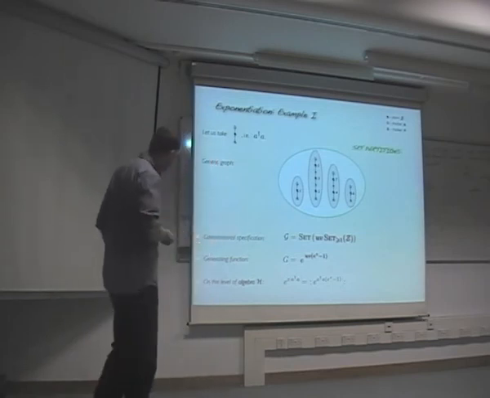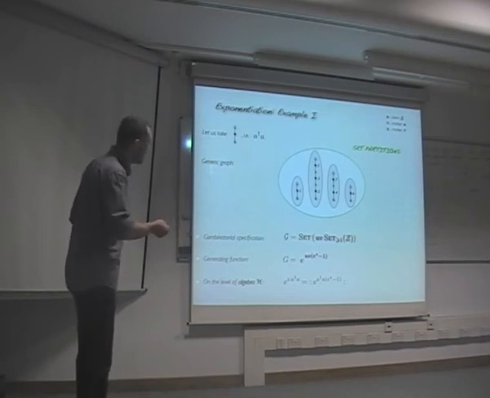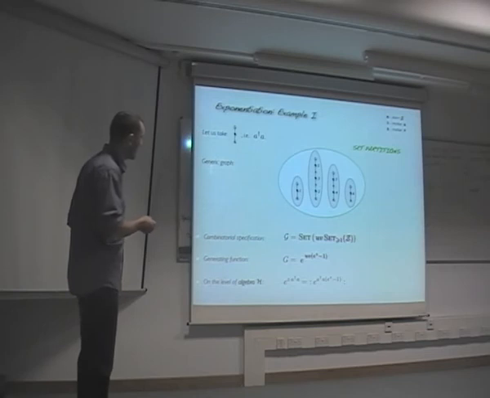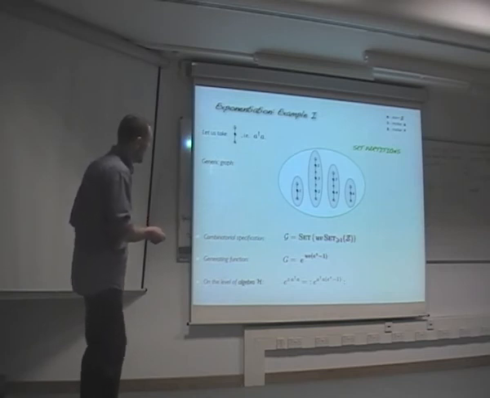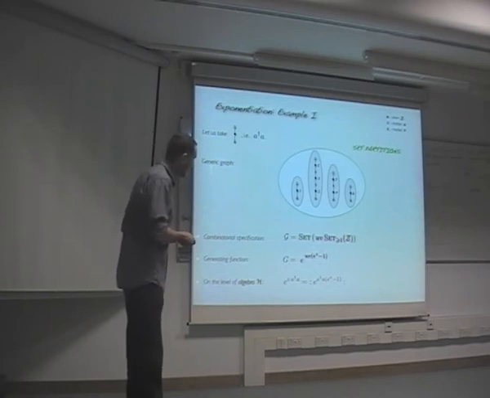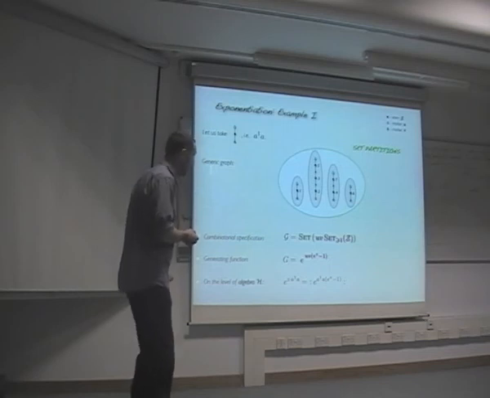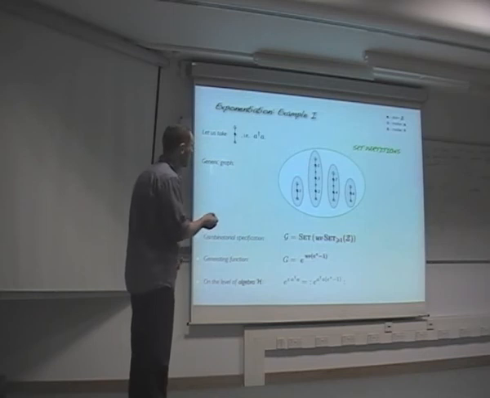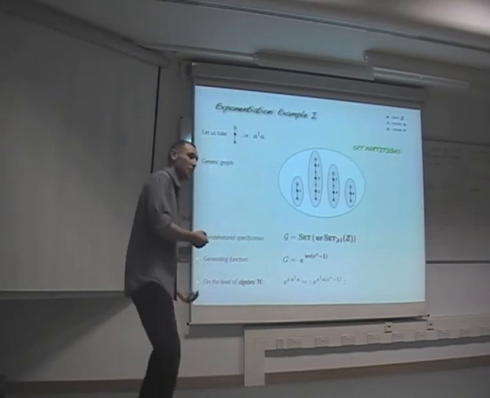And the combinatorial specification of a generic graph would be as follows. This is a set of non-empty sets, and all these inner sets are additionally labeled with U and V, where U is an outgoing marker here, and V is an ingoing marker here.